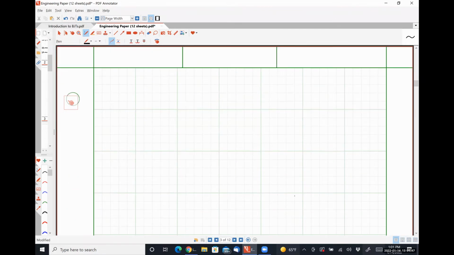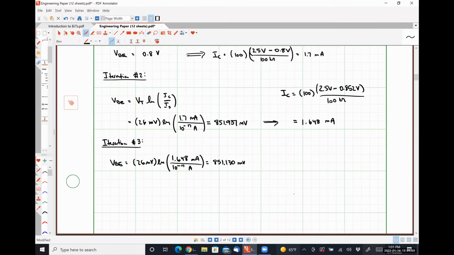And when we calculate IC, we're going to have 100 times 2.5 volts minus 0.851 volts divided by 100 kiloohms, which will again be equal to 1.648 milliamps with rounding.